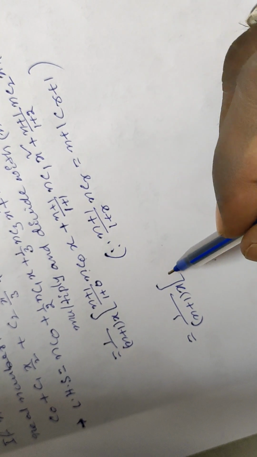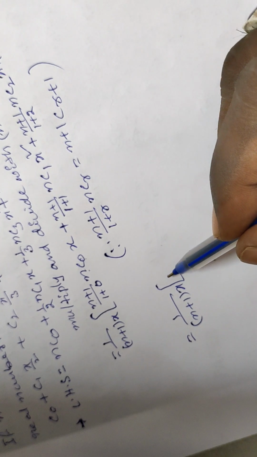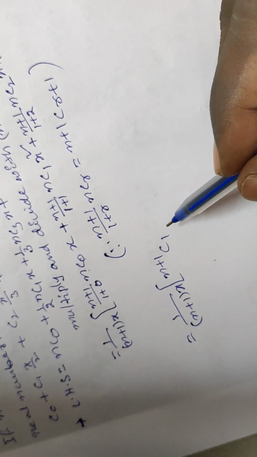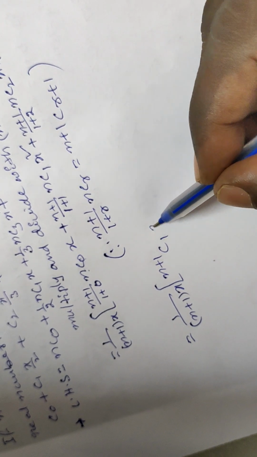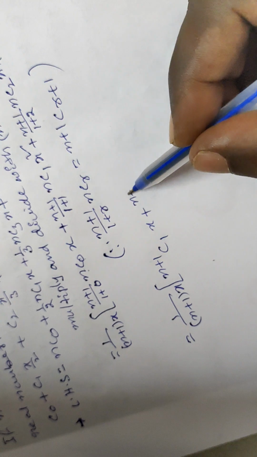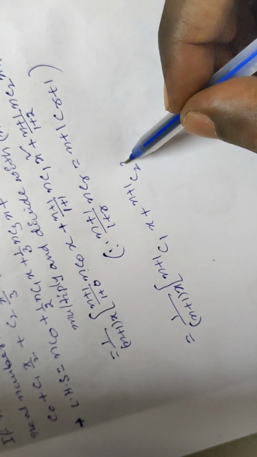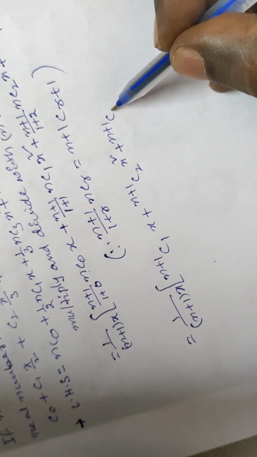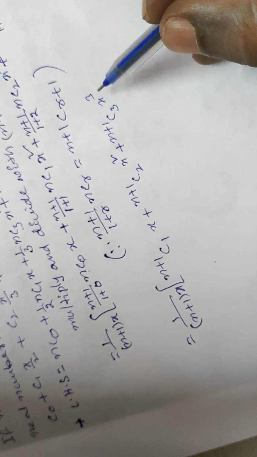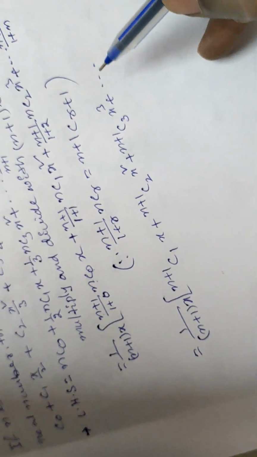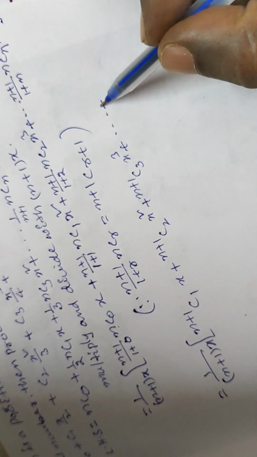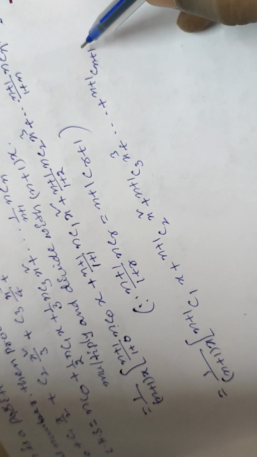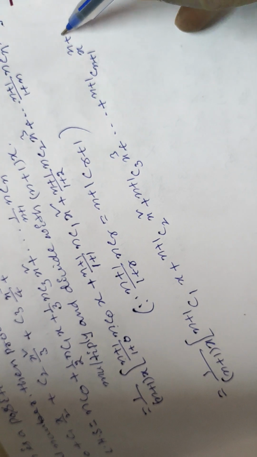That is, by using the formula, n plus 1 C1 into x plus n plus 1 C2 into x square plus n plus 1 C3 into x cube plus and so on, plus n plus 1 C n plus 1 into x power n plus 1.